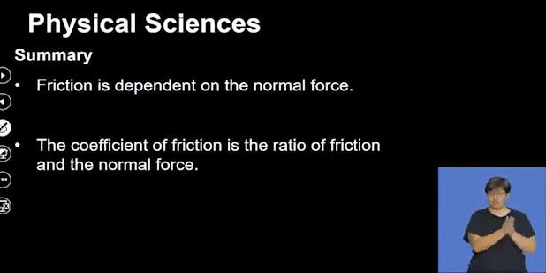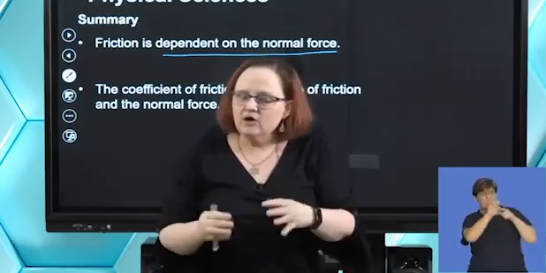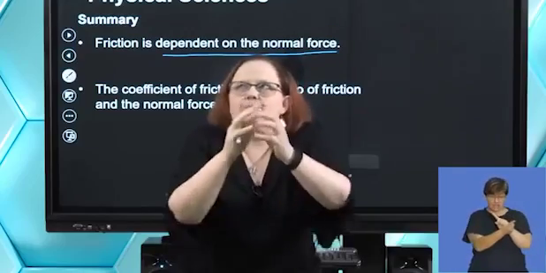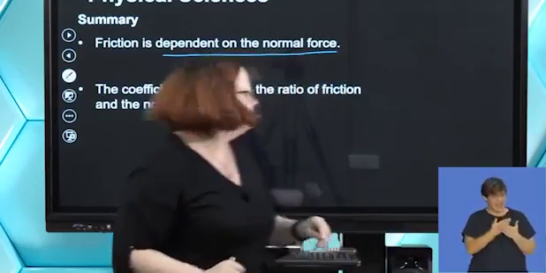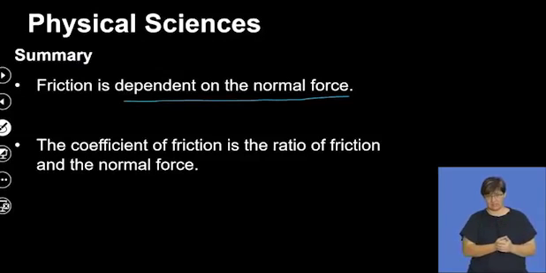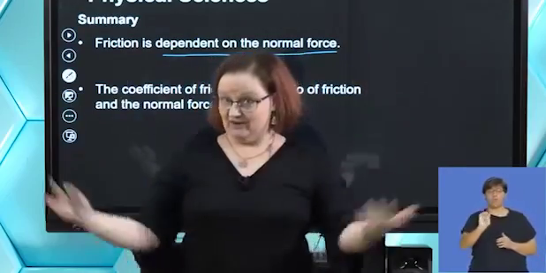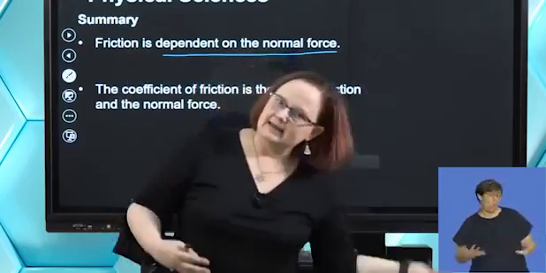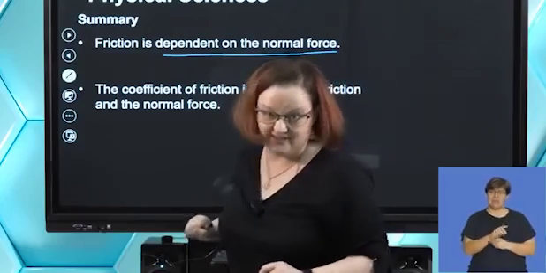Friction, this is the big one out of all the properties we did, is dependent on the normal force. That's the big thing. That determines friction for us. We can't change the amount of friction between the coefficient because of the type of surfaces, but we absolutely can affect the normal force. The coefficient of friction, now this is a definition. This is the weird one when it comes to your exams because they may say to you, what is the coefficient of friction in general? Or they might say kinetic friction or static friction. You've just then got to add in static or kinetic in the definition.